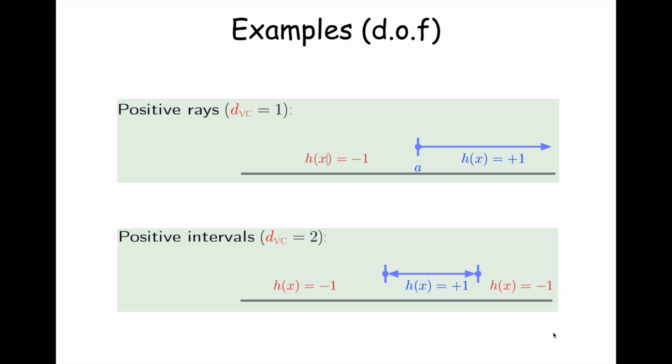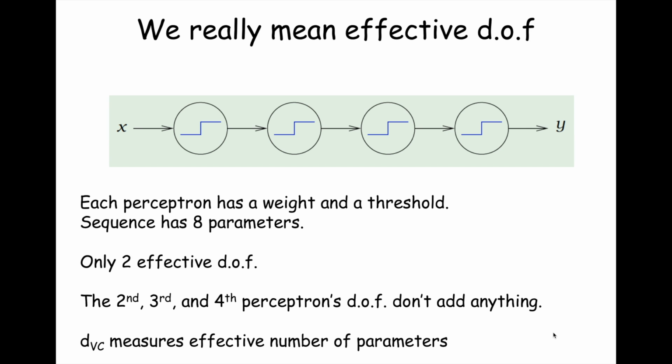We have two different ways we can get this hypothesis to change the assignment of +1 and -1. And so you can think of degrees of freedom as the parameters of a hypothesis set, because the more parameters you have, the more sophisticated ways you can get it to move these +1 and -1 labels around on the data set. Does that make sense?